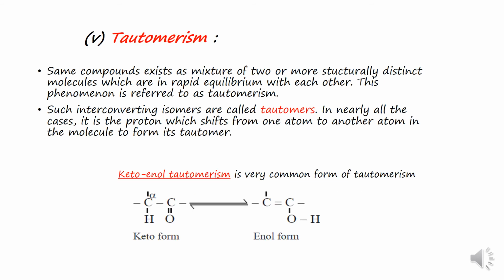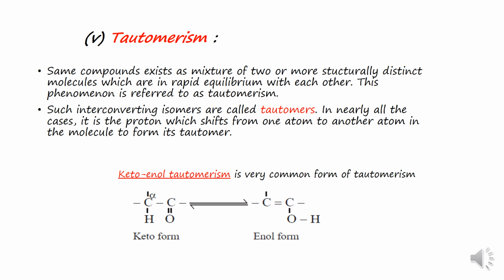Now tautomerism, the last type of structural isomerism. In tautomerism, the same compound exists as a mixture of two or more structurally distinct molecules which are in rapid equilibrium with each other.